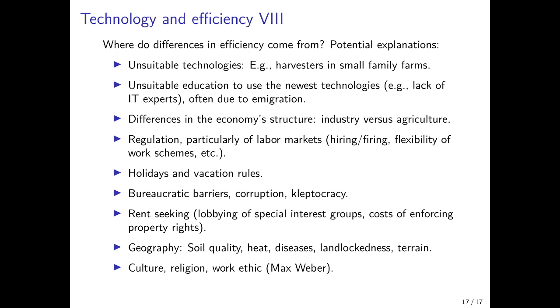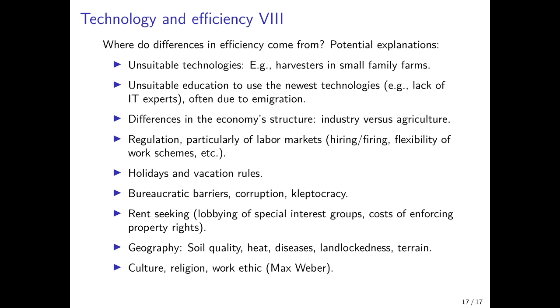If a country has twice as many vacation days as another country, then there would also be a level shift in per capita income. Then, of course, all types of bureaucratic problems and barriers. If bureaucrats are corrupt, and then it takes longer for projects to get granted and so on and so forth, and even going to kleptocracy, where they steal from the overall population, of course, all that would lead to huge efficiency losses.